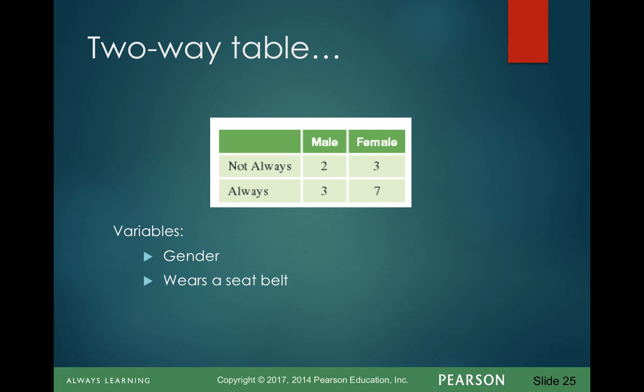I see that I have 10 females. Now if I add the row of not always, I'll see that 5 people in this data set don't always wear a seatbelt, but 10, the 3 plus 7, always wear their seatbelt.